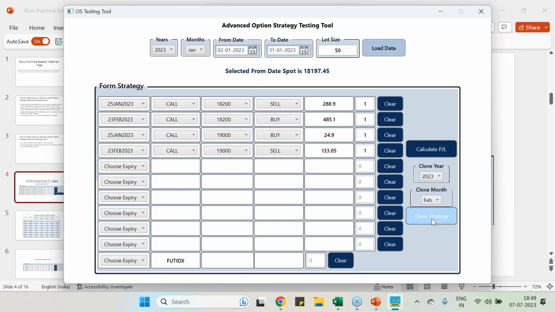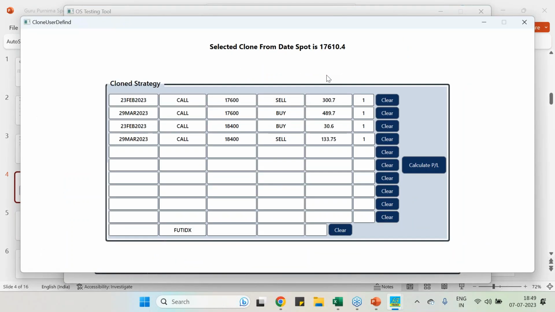Just select, hit on the clone button. No need to enter anything. Automatically it will search and find, based on your depth, what logic you have applied. From here you have taken ATM, OTM, whatever depth you have defined. Based on the same depth, it will clone the strategy, for the February month.